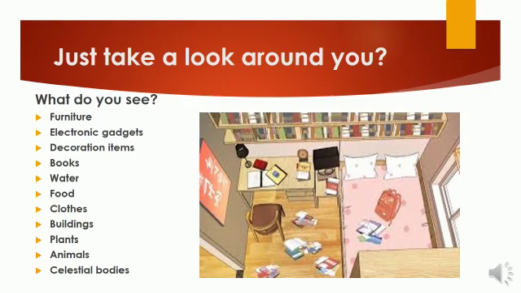In fact, there are so many things around us, and out of all these things, some are living, some are non-living. But in fact, everything you see in your surrounding is matter.